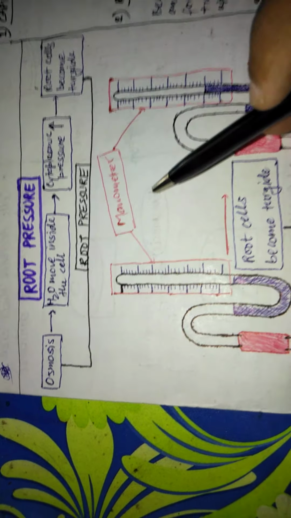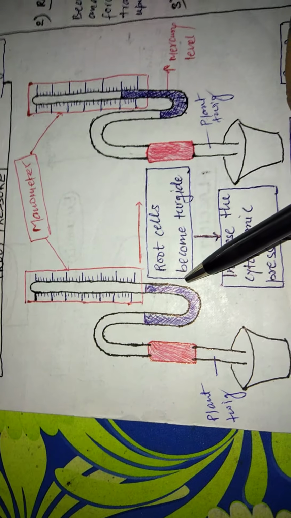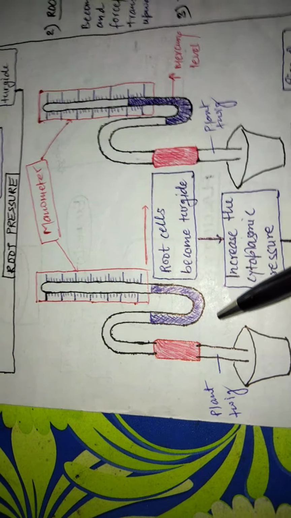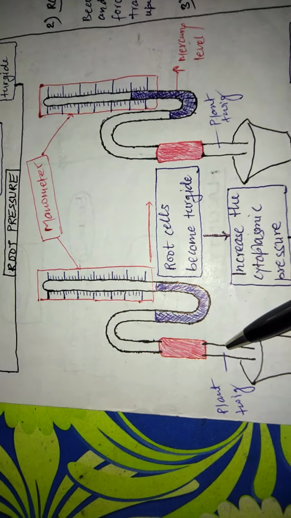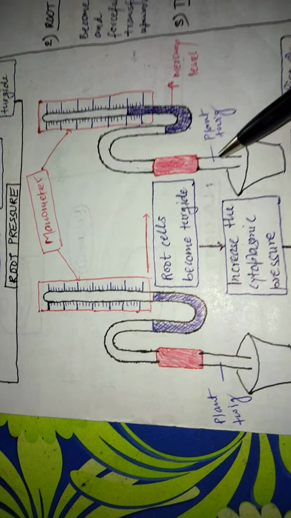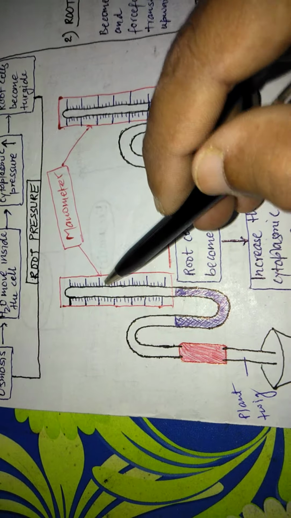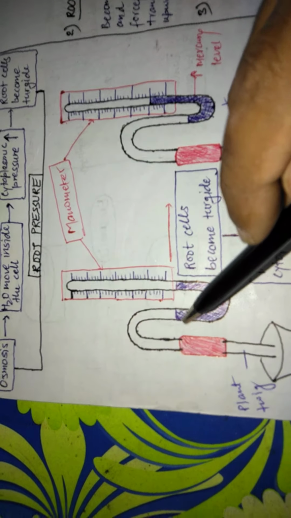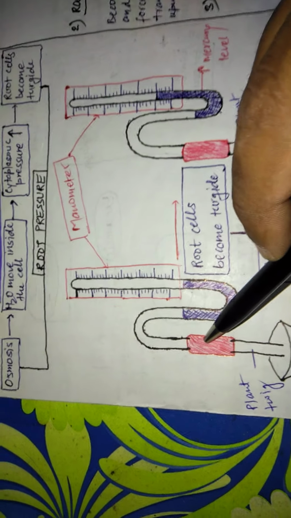This root pressure can be explained by an experimental design having the following structures. This is a plant twig, and this is also a plant twig, and the twig is connected with an instrument known as a manometer. The manometer is connected to the plant twig through a rubber valve.